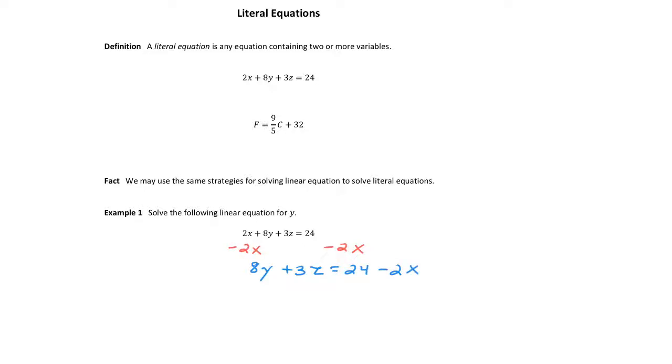All right, so next, I need to get rid of this 3z, so I'll subtract that from both sides. And I'm left with 8y is equal to 24 minus 2x minus 3z. My last step is to get y by itself, so I can divide both sides by 8.